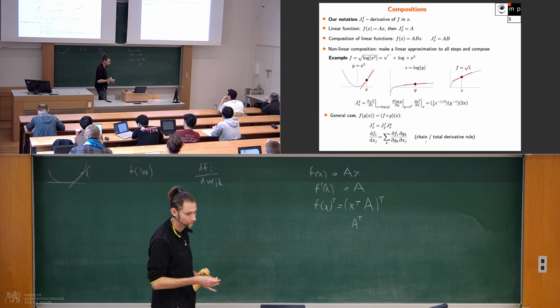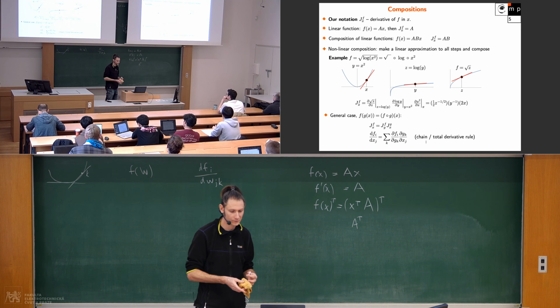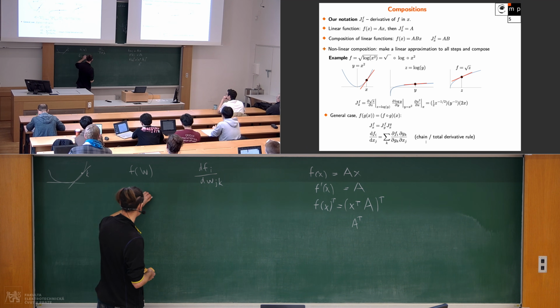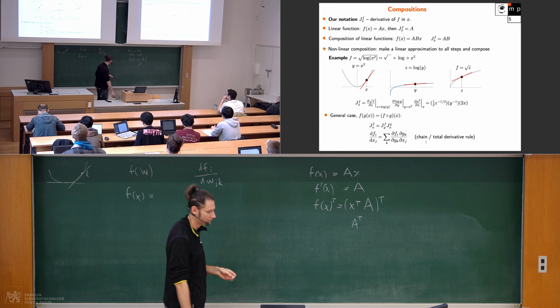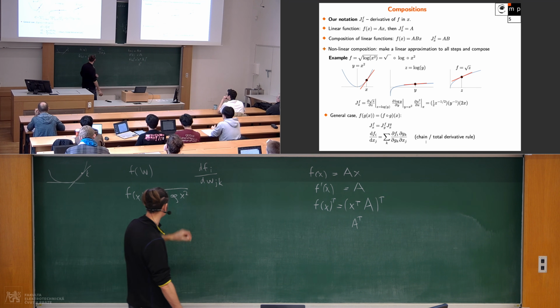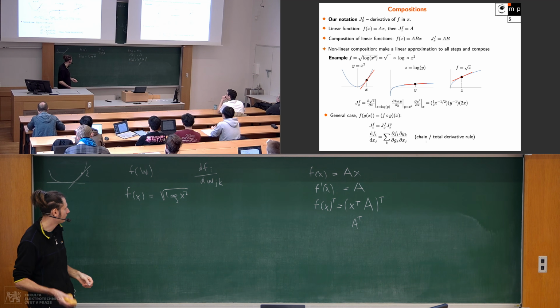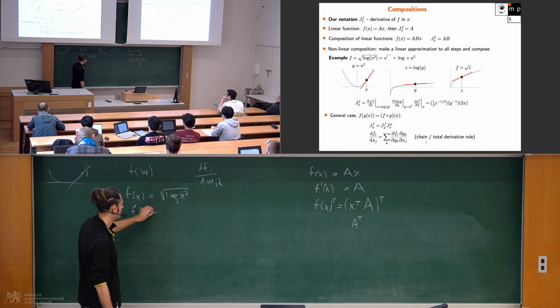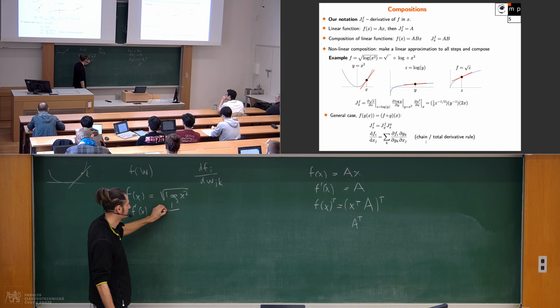Let's do an example, again, for a one-dimensional function, as simple as this. I take some function, which is the square root of the logarithm of x squared. All of you already know how to compute derivatives. You would say immediately, okay, f prime of x. You start doing it analytically, right? So you know the chain rule.